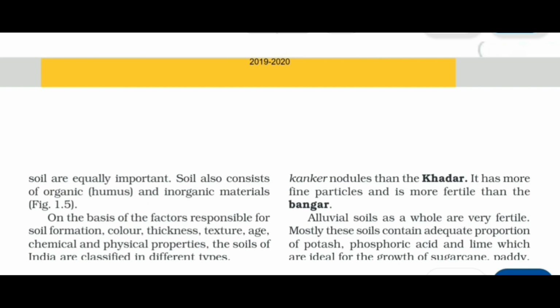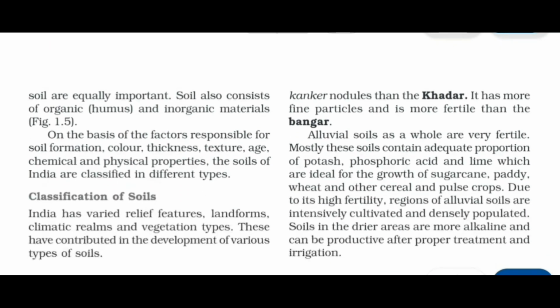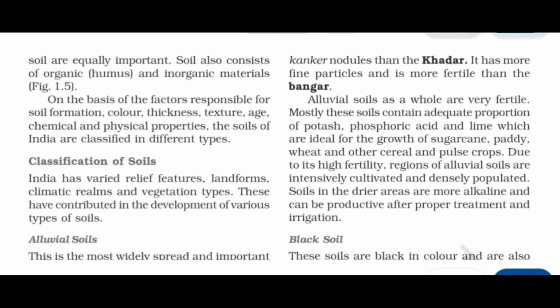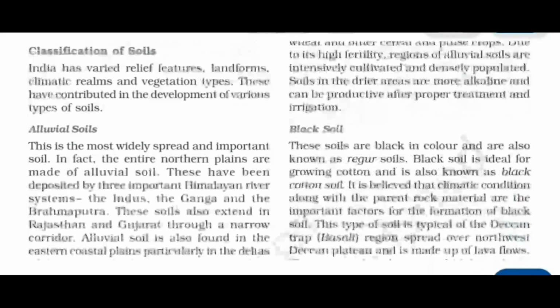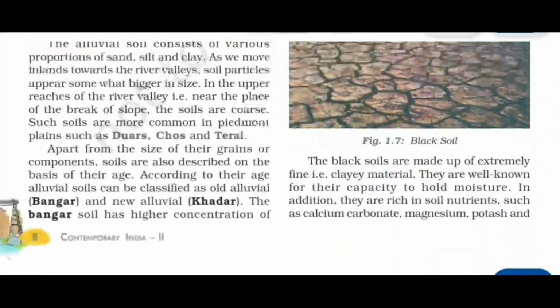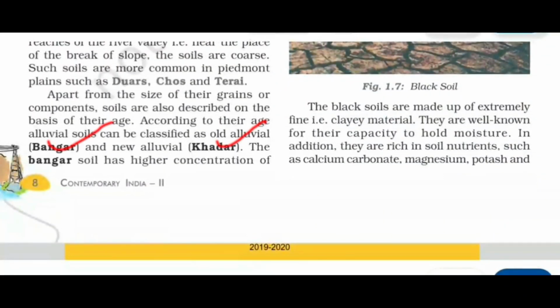The Khadar has more fine particles and is more fertile than the Bhangar. Okay, look here. Now, what is the difference between the old alluvial soil and the new alluvial soil? Did you get the difference? Could you make it out when you make the difference between the old one and the new one?